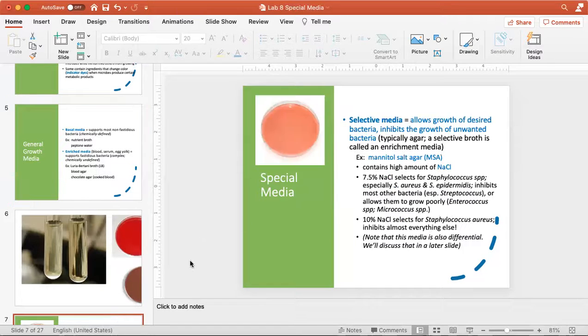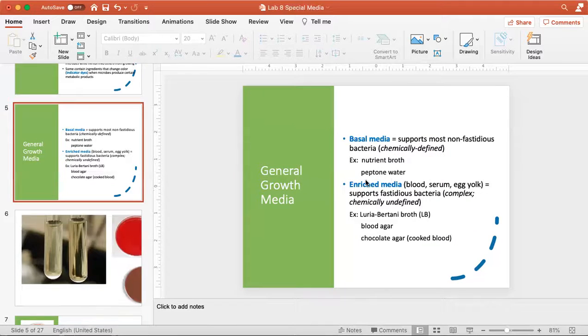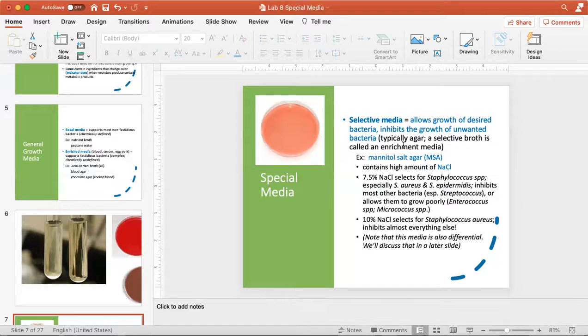So you can imagine it's very easy to get confused between enrichment and enriched. I don't use the term enrichment. I don't even want you to know it. I want you to call all types of this kind of media, whether it's agar or broth, I want you to call it selective media.